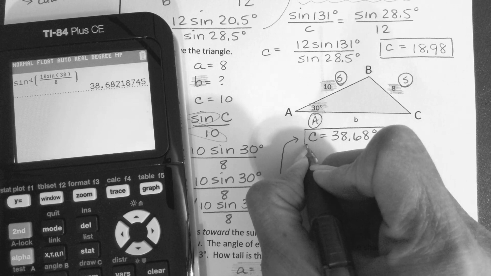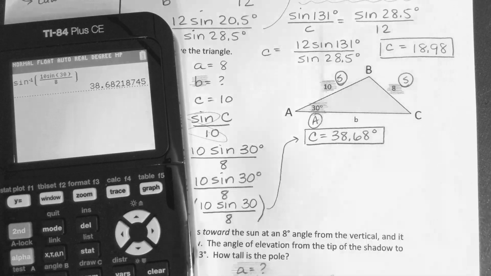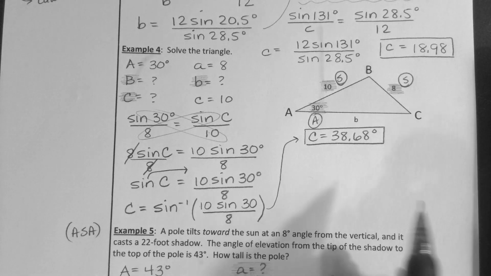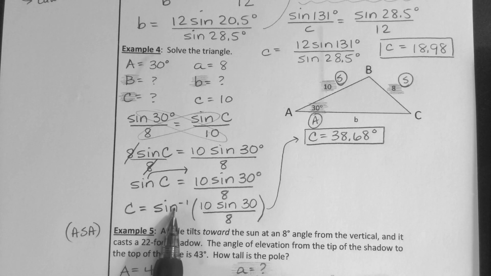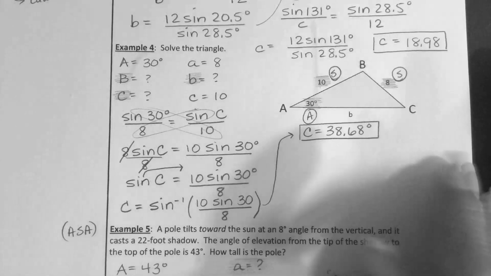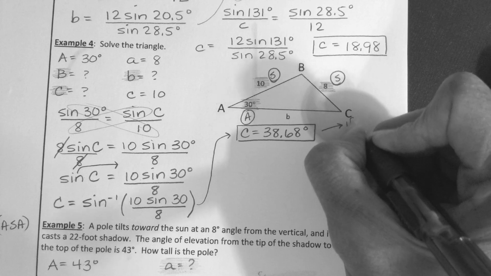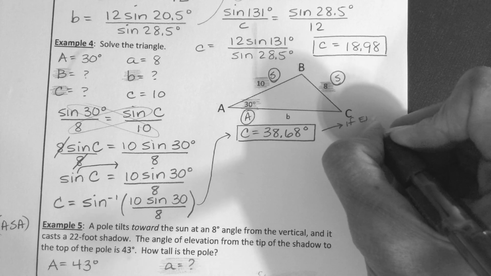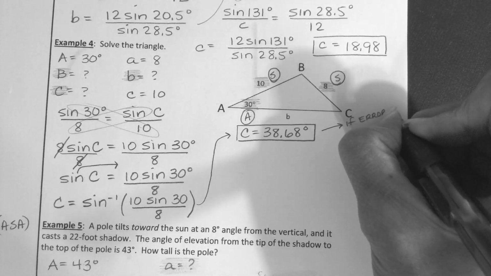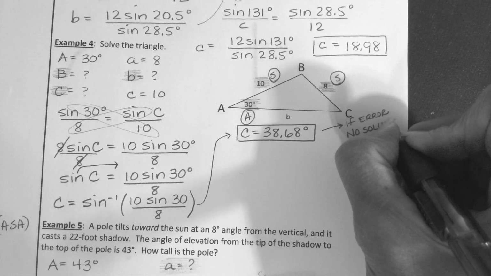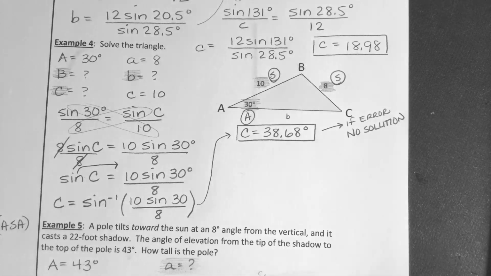Now, with ambiguous cases, if you end up with an error message when typing this out, so if you get an error message, you are going to tell me that this problem is a no solution problem, okay?